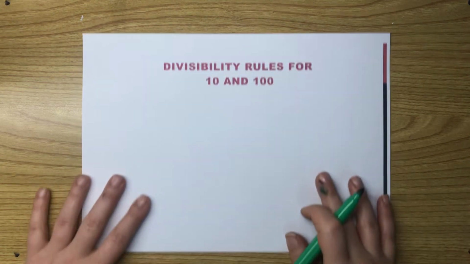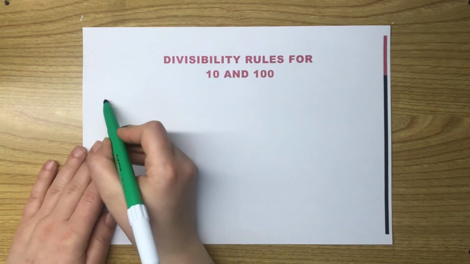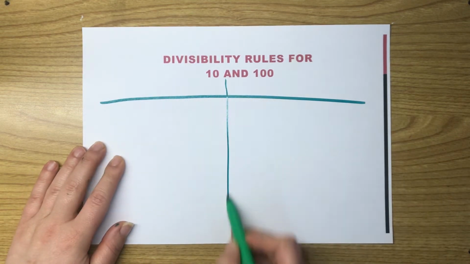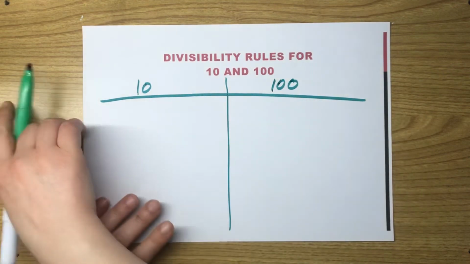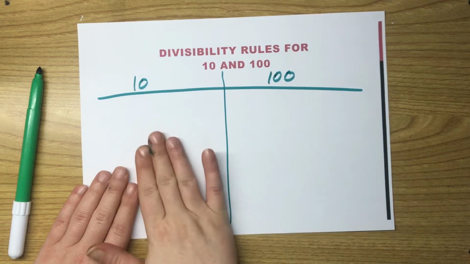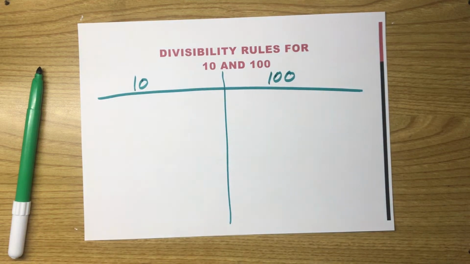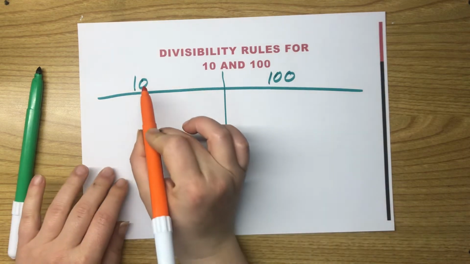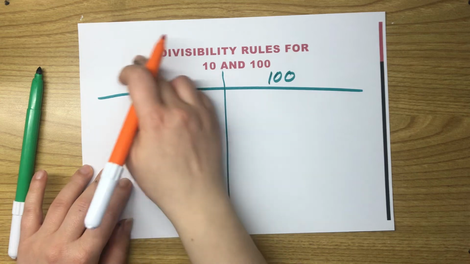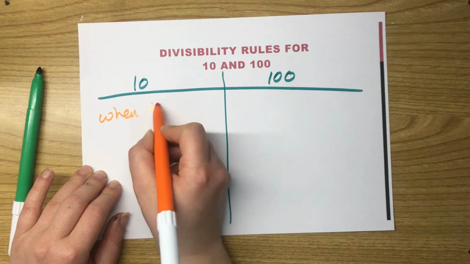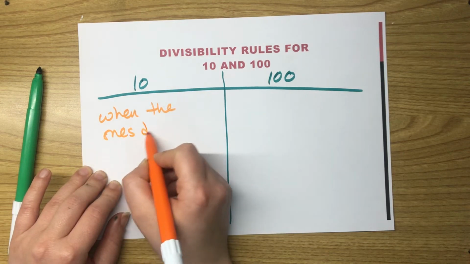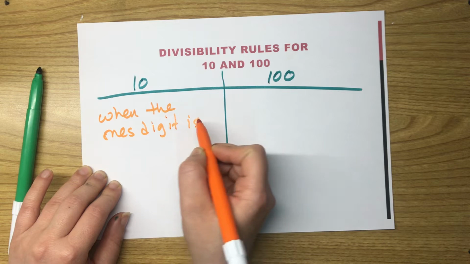Okay, divisibility rules for 10 and 100. Easy. Lemon squeezy. Divisibility rule of 10, divisibility rule of 100. Think of the rule. A number can be divided by 10 when the ones digit is 0.